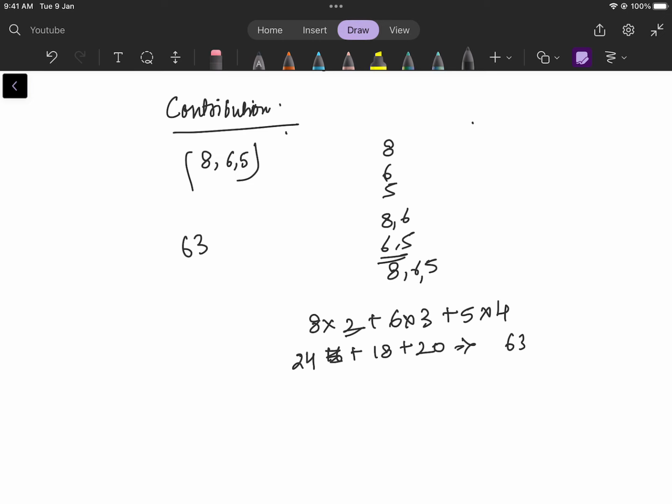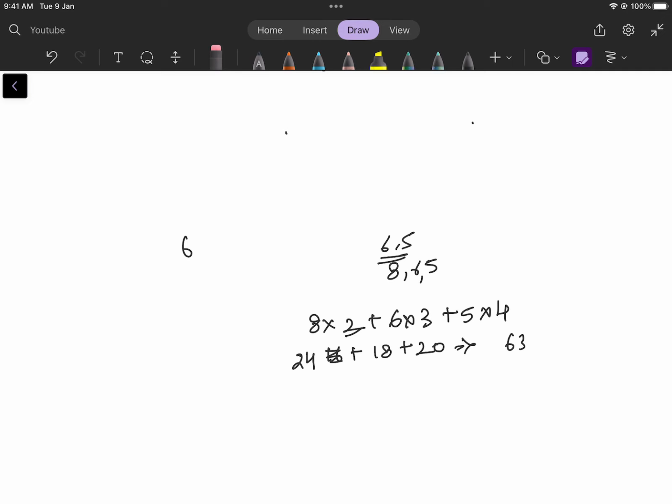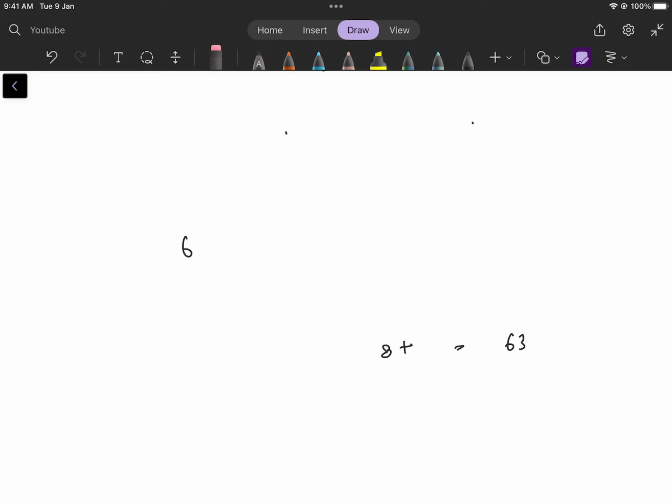Okay, so the idea is we need to find the contribution of each element. How to find the contribution of each element actually? That is the question.